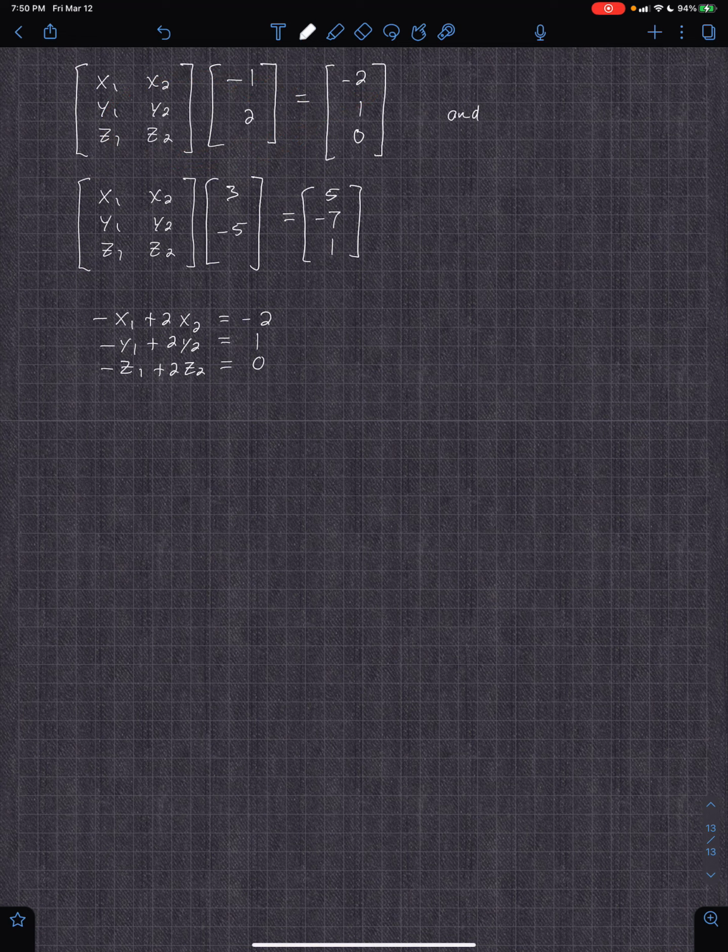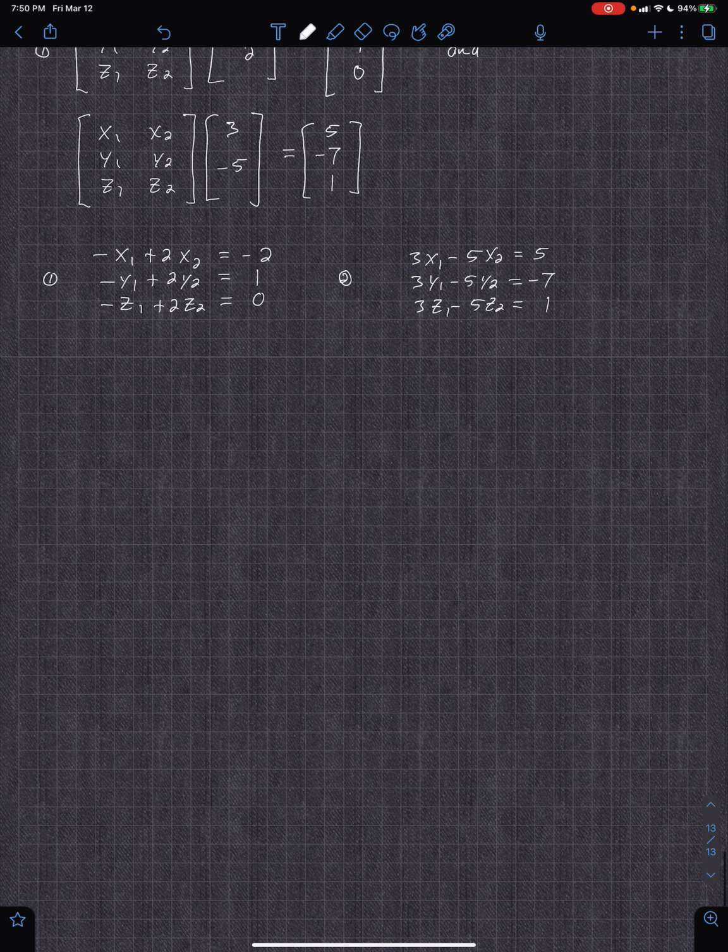Then we're going to do the other matrix. And you get, with that product, 3x1 minus 5x2 equal to 5. And you can see what I'm doing, right? 3y1 minus 5y2 equal to negative 7. And then again, 3z1 minus 5z2 is equal to 1.